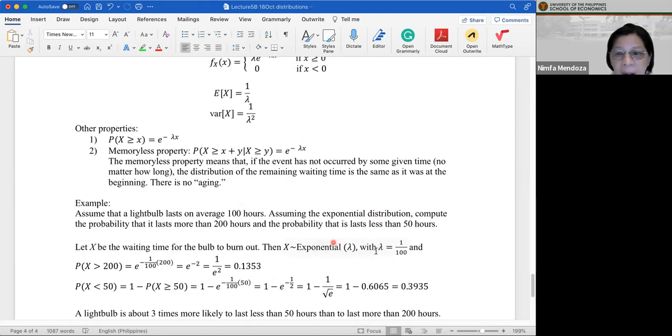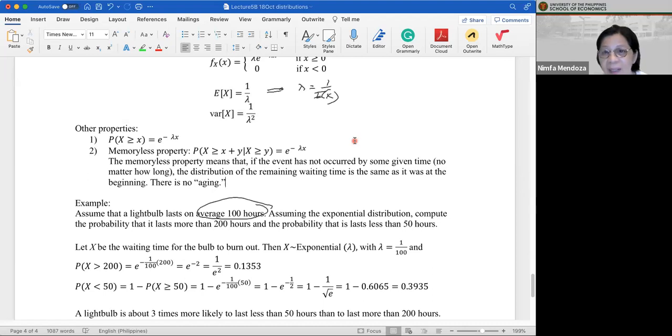How do you get that lambda? Lambda is 1 over the expected value of X. But you're given that the light bulb lasts on average 100 hours.